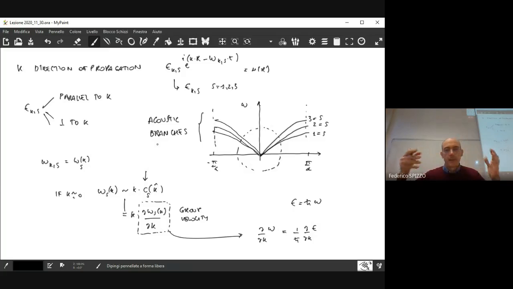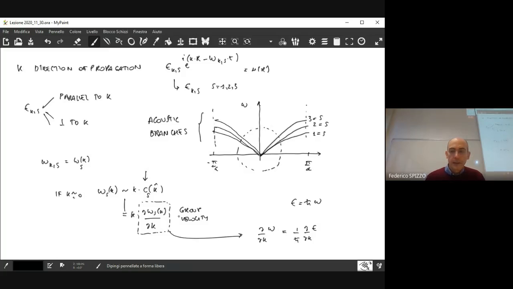We have to build up a combination of wave functions with a weight that depends on the wave vector, and that combination builds up the actual wave that describes the propagation of the electron through the solid. So the definition of velocity for the electrons was a sort of group velocity for that wave packet that propagates through the solid. Okay, I close the parenthesis.